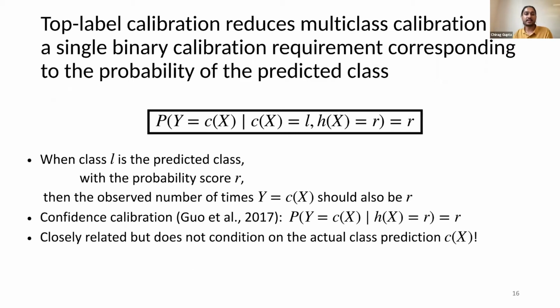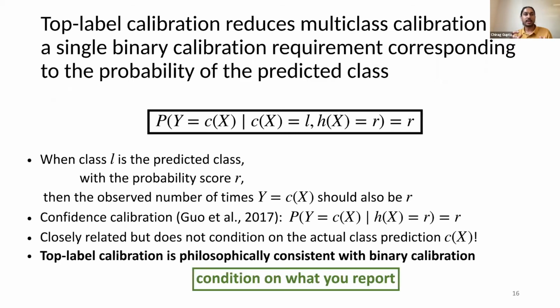That's a serious interpretability issue because it's philosophically inconsistent with the basic notion of conditioning on what you're reporting. If I give you a disease prediction and a probability, well, I have to give you a disease prediction and a probability. I'm not just going to report a probability.